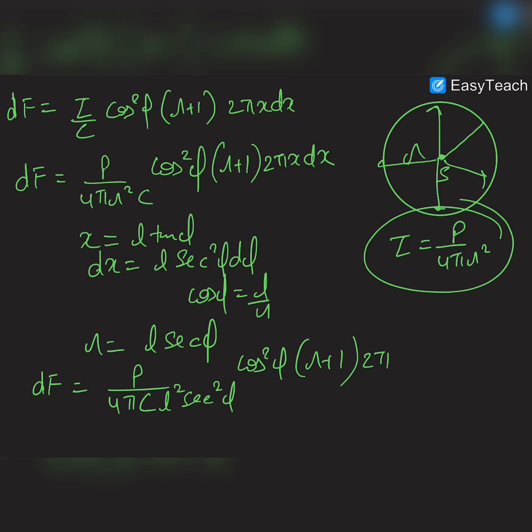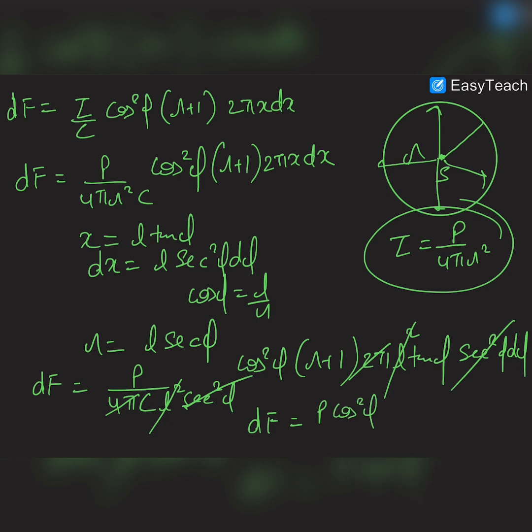X is L tan phi and dx is L sec square phi d phi. So cancelling this sec square and L square and cancelling the 2 pi, df will be equal to P cos square phi into r plus 1 into tan phi into d phi divided by 2c. This will be the force.